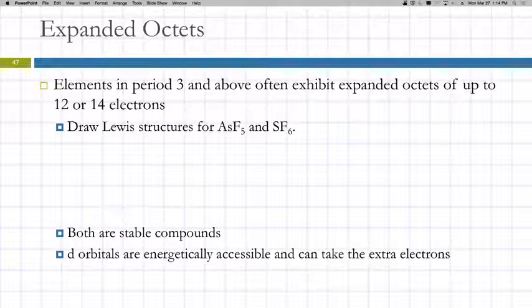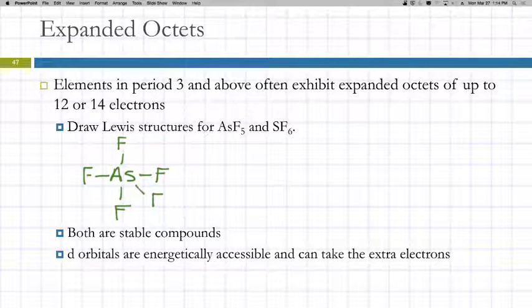So let's look at arsenic pentafluoride and sulfur hexafluoride. So arsenic, As, pentafluoride. So we're going to stick these fluorines around. So there's 4. And then the 5th one just kind of has to go off at an angle. Total number of valence electrons. There's 5 fluorines.